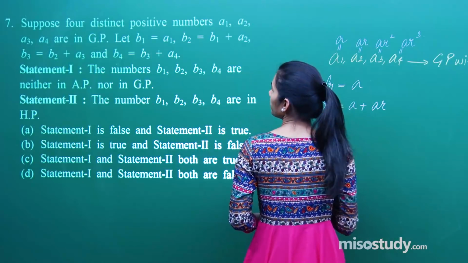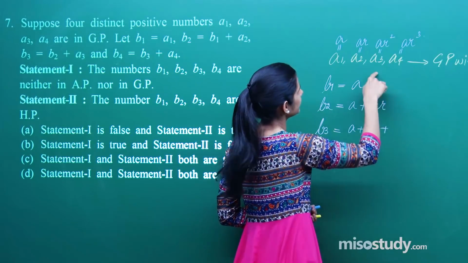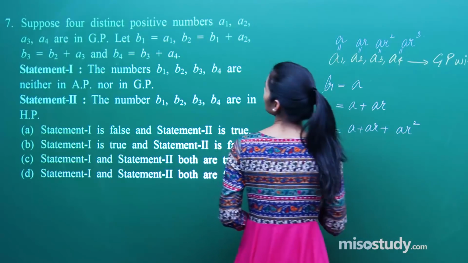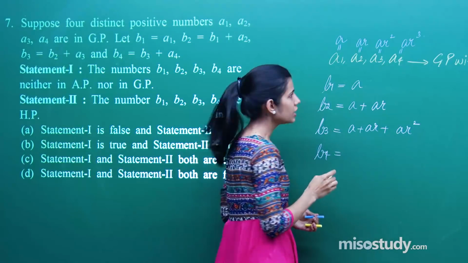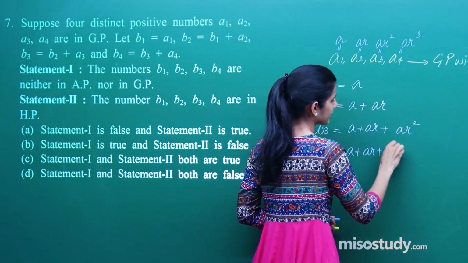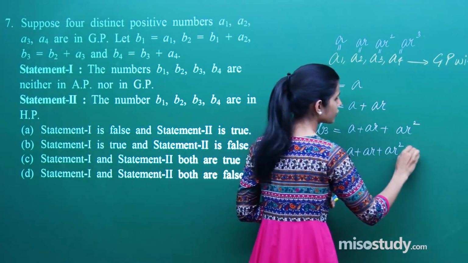B3 is B2 plus A3, A3 is this, and what is B4? B4 is B3 plus A4, so B3 is a plus aR squared, this is B3 plus A4, so A4 is aR cube.